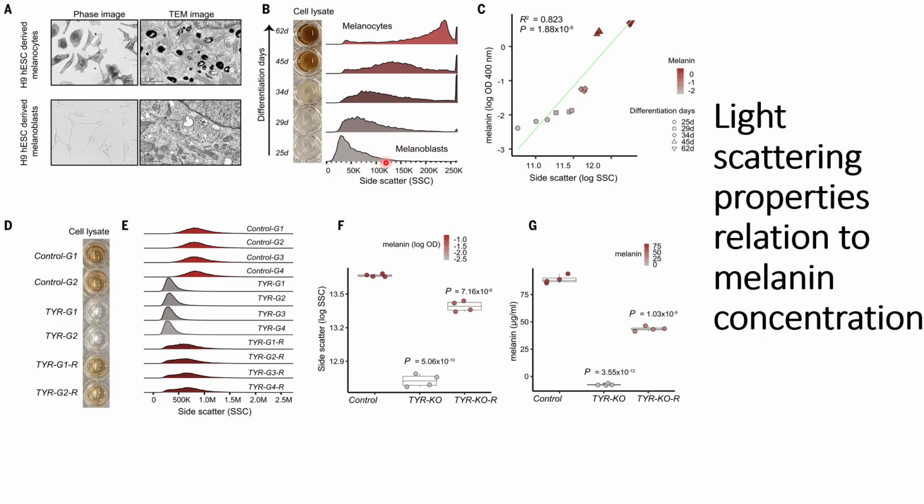They can see there are more melanoblasts, so differentiation has not happened that much. After that, when they reach around 45-62 days, they can see the differentiation has increased, and it can be seen with the increase in the side scatter signals in the melanocytes.